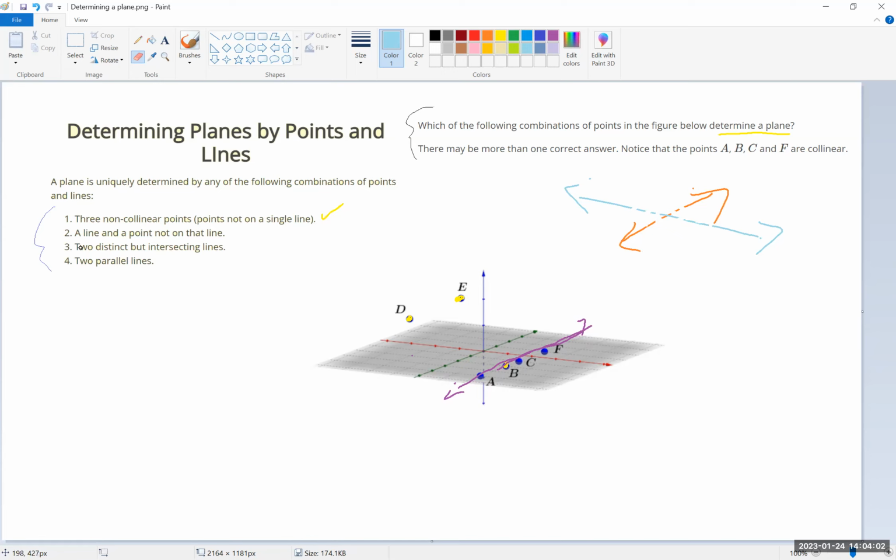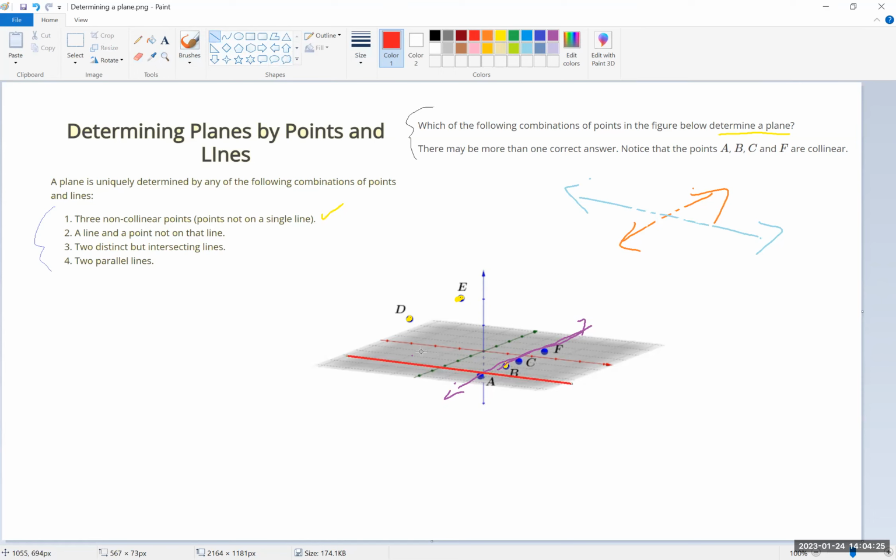All right, the last is just two parallel lines. So, well, a good example would be maybe that red, and let me see if I can draw another red line. And that's parallel to it. Let's say that line.